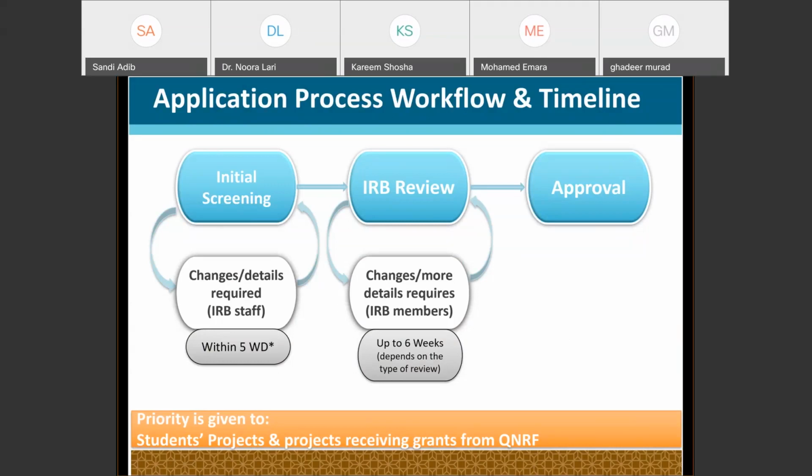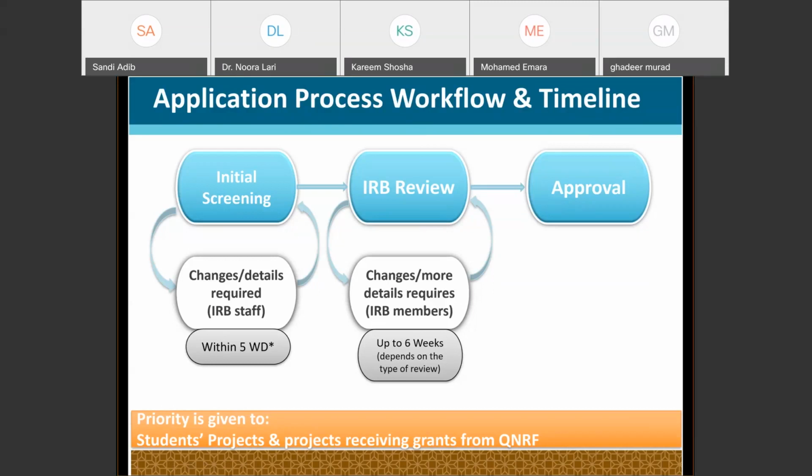As for the IRB review, once the IRB staff or specialist checks your application for completeness, it will go to IRB review. The IRB review will also have some comments and change requests, but this time from the committee members. When the IRB members, or the designated member, review your application, they will have comments.